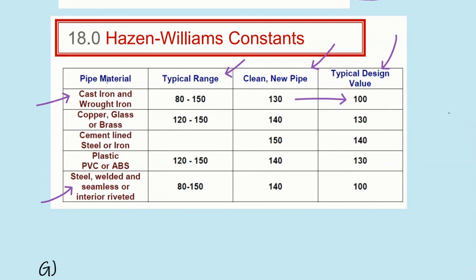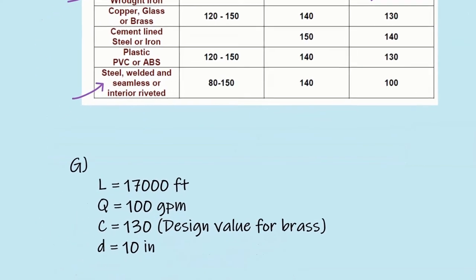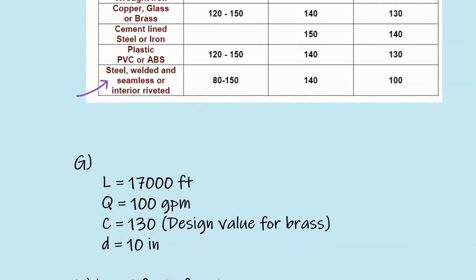Let's take a look at a problem. In this problem, it might read something like this. You have so many miles of pipe, and you have so many different kinds of fittings, and you do all the math to find the total length of your pipe system plus the equivalent lengths of your fittings, and you find that it's 17,000 feet. I'm just using nice round numbers so it's easy to do the calculation.